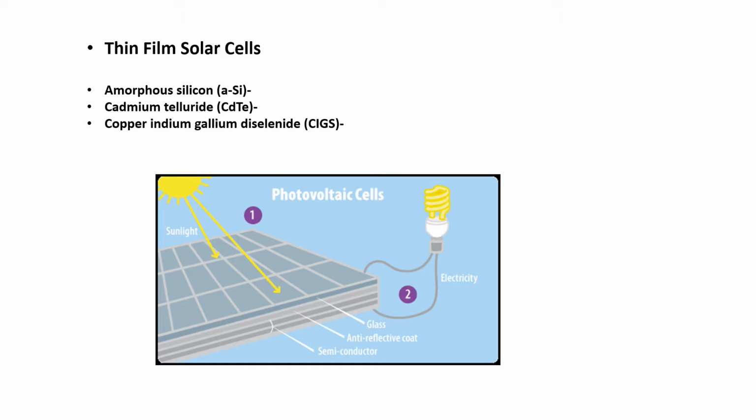There are mainly three different types of thin film solar cells, depending upon the type of semiconductor material employed, namely amorphous silicon thin film solar cells, cadmium telluride thin film solar cells, and copper indium gallium selenide thin film solar cells.